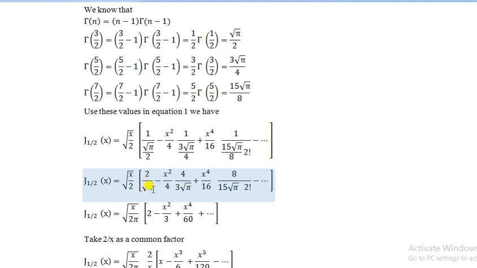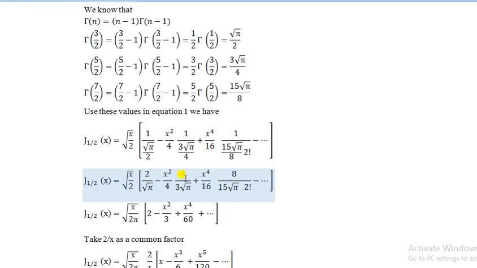So take this 1 by square root of pi as common. And we know that square root of a into square root of b becomes square root of ab. And similarly, square root of x by 2 into square root of pi becomes square root of x divided by 2 pi. And the remaining terms are 2 minus x square.